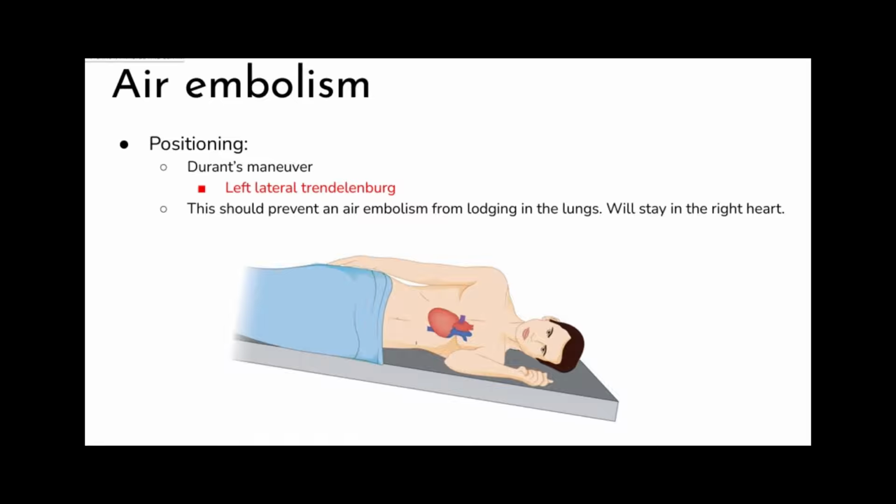So when you place the patient in this position, you are promoting venous return. However, another thing is that it will help to move the bubble from the extremities or wherever they are found. It will prevent them from being lodged within the lungs while it stays in the heart. Which part of the heart? The right ventricle. So for air embolism, the best position is left lateral Trendelenburg position. So that is how we do that.